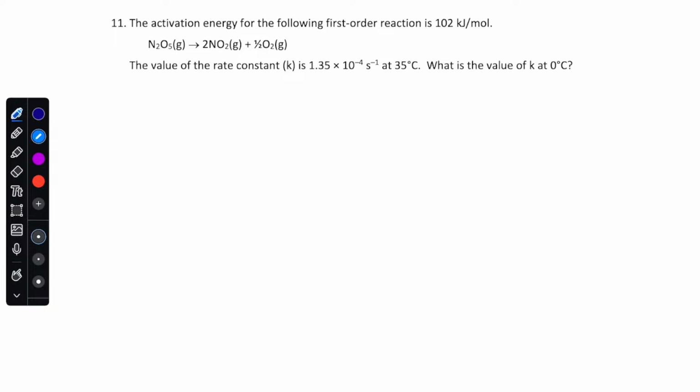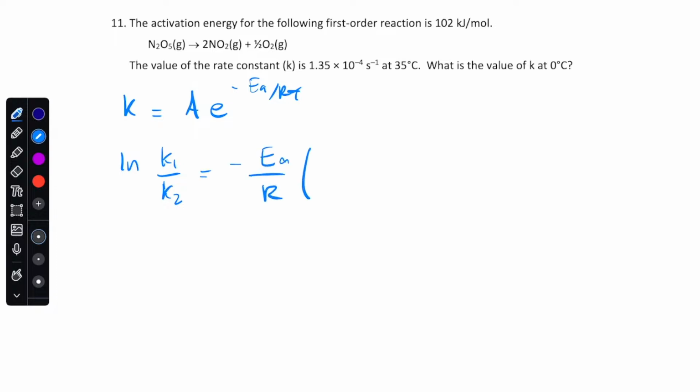One is K equals A e to the minus EA over RT. And there's the other form where you have 2 temperatures and two rate constants. And that looks like this: ln K1 over K2 equals minus EA over R times 1 over T2 minus 1 over T1.